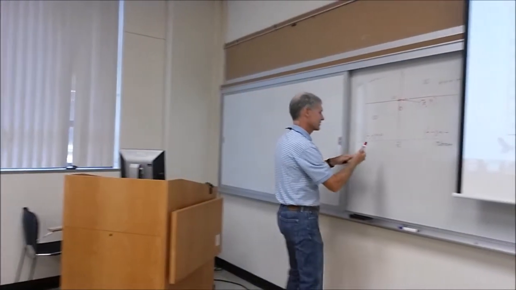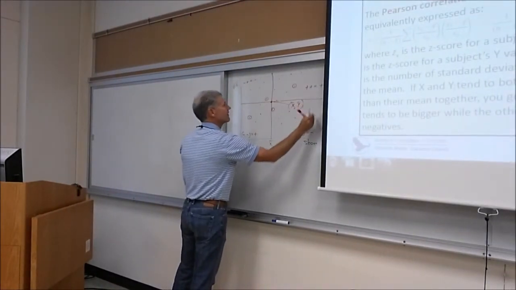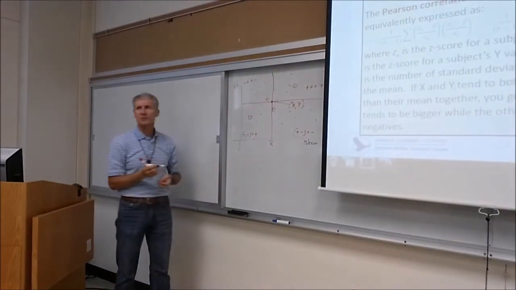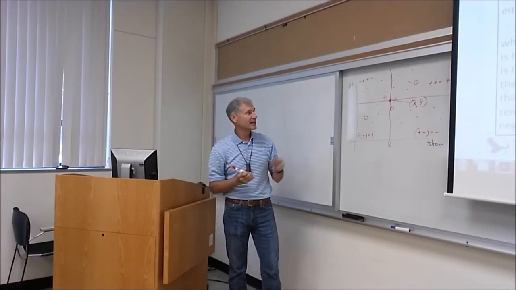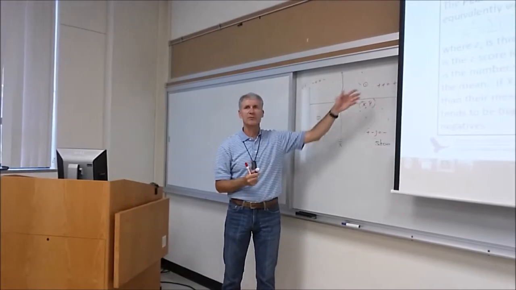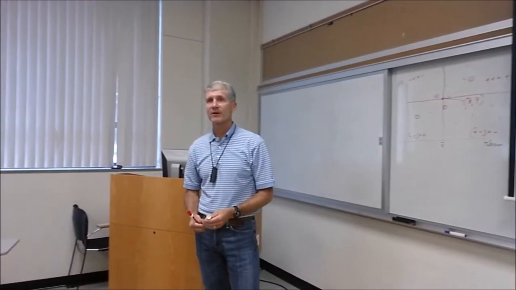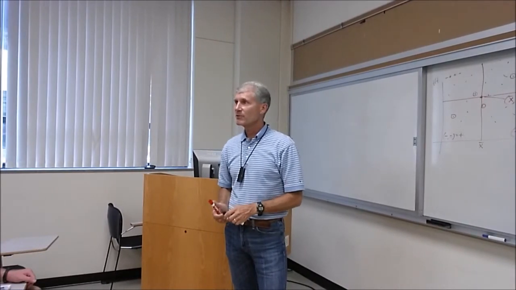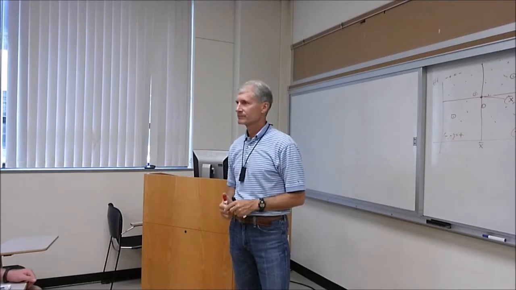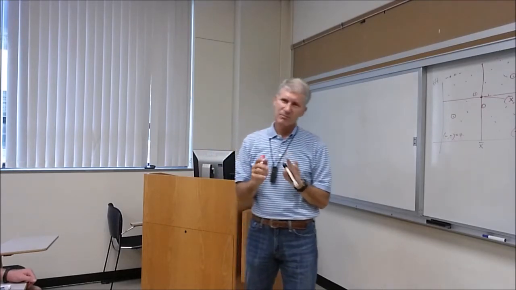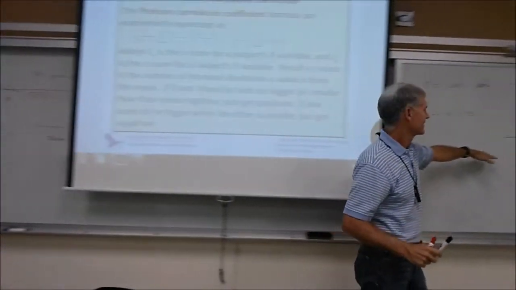So I get points pretty evenly dispersed between the four squares. Now I get about an equal number of negatives and positives. Guess what happens when I sum them up? They sum to 0. So 0 correlation indicates they're all over the place. It can mean a couple other things too, which we'll come back to. It can mean this.